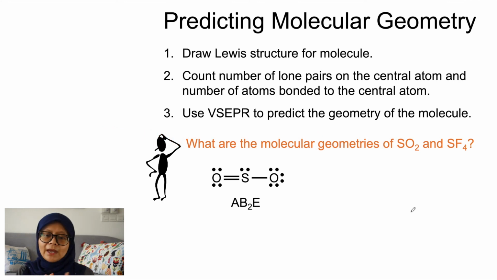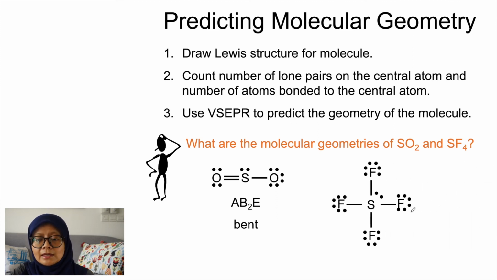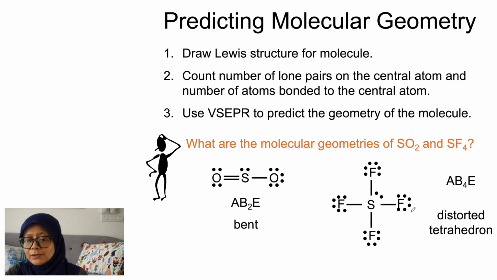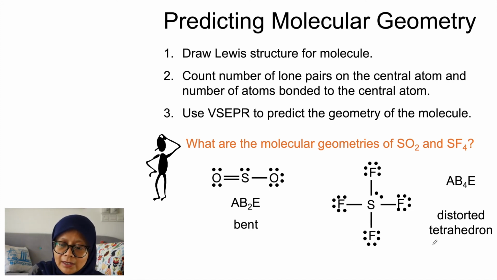Here we have the Lewis structure of SO2, and the shape is bent, while for SF4 we have the shape of AB4E, which we call a distorted tetrahedron, or a seesaw.